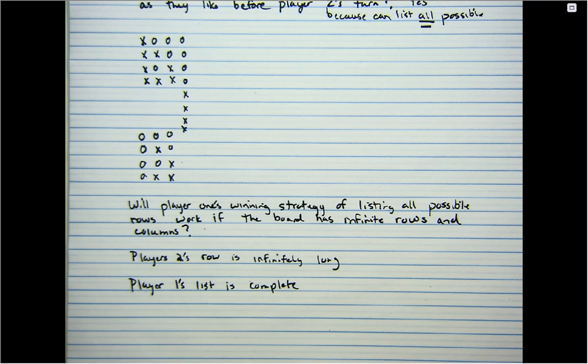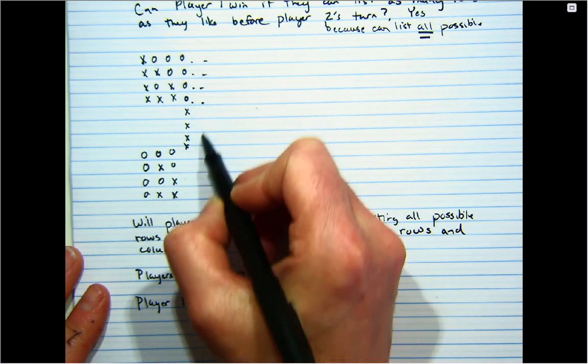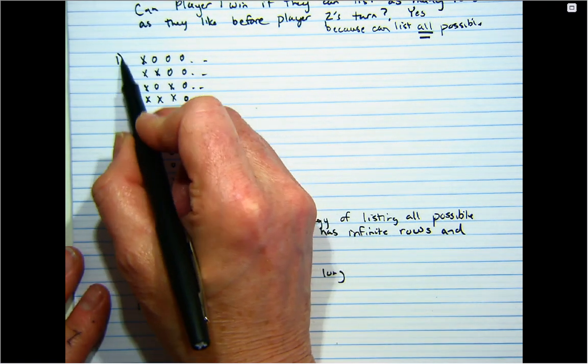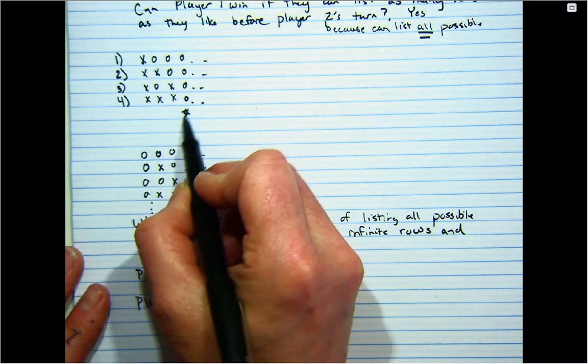Player one's list is just like the idea of the natural numbers going on forever. It's going on forever, but it's done in that it's fixed. The list is written down. In fact, player one's list can start out like this, and we'll put little dots at the end, but they are in fact listed. These don't count. These aren't listed.